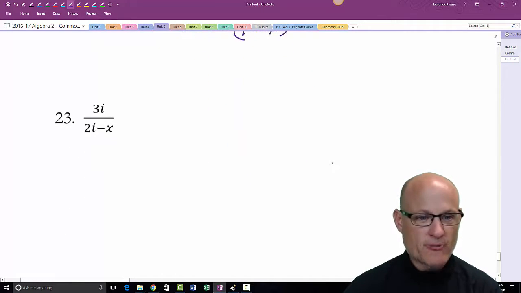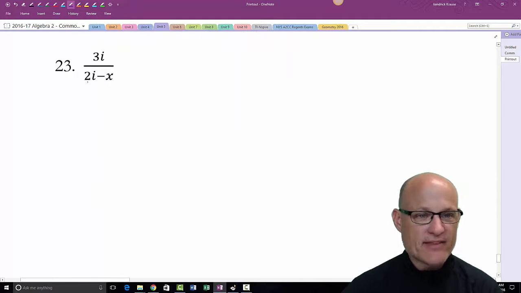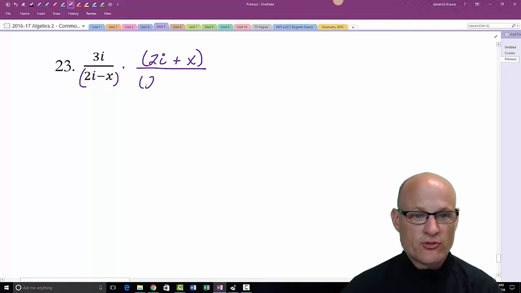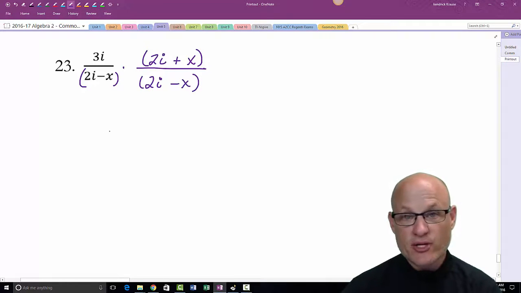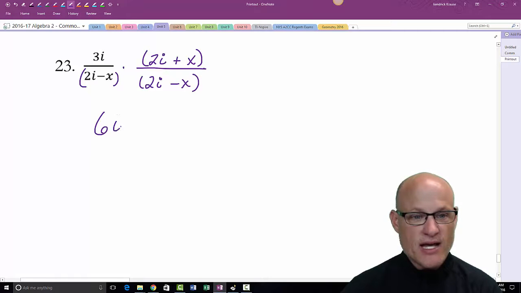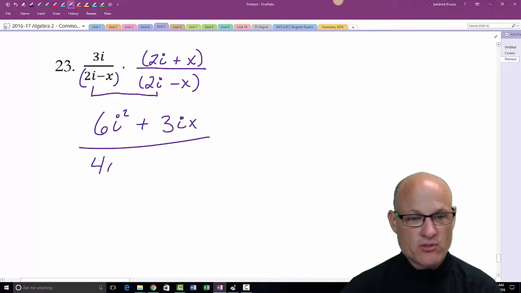All right, one last problem. I have this i in the denominator, so I'm going to multiply by its conjugate. 2i plus x, 2i minus x. All right, in the numerator, I am going to distribute. So I get 6i squared plus 3ix all over 2i times 2i is 4i squared.